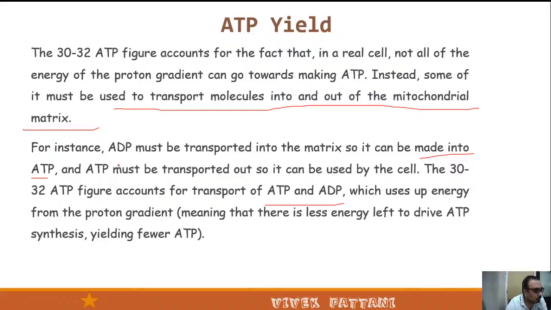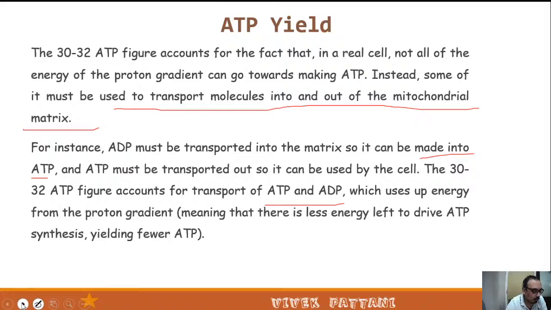If we take into account all these parameters, the ATP yield will be lower.